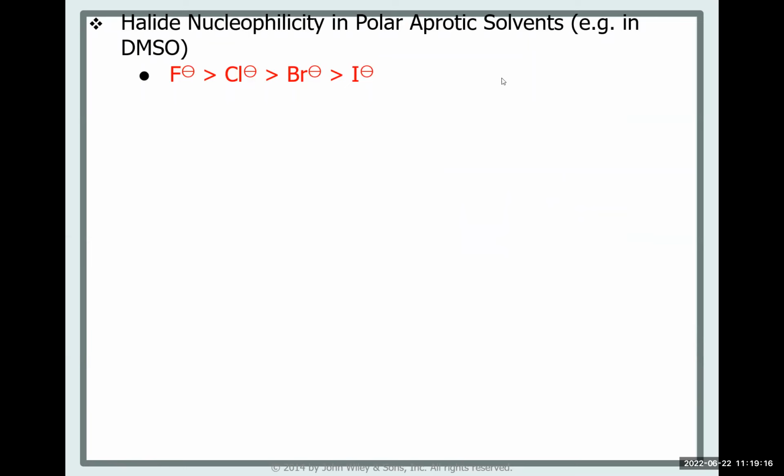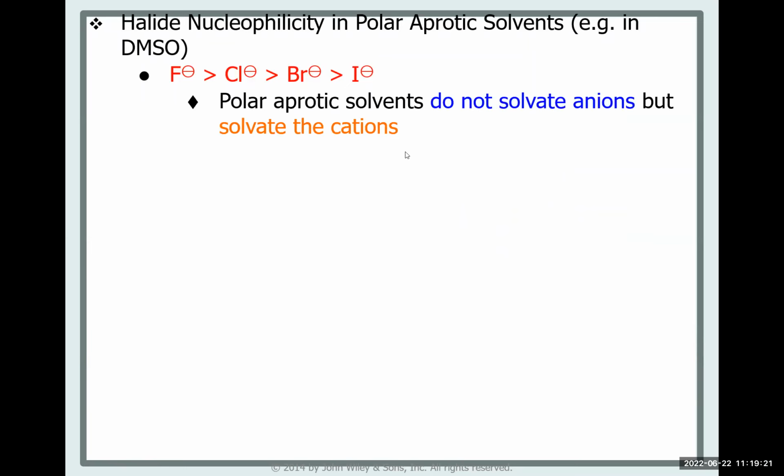Okay, so in aprotic solvents, it's the opposite where fluorine would be the strongest because it's not solvated by anions. Instead, aprotic solvents tend to favor surrounding the positive cation. So usually you wouldn't just have chlorine as your nucleophile, you'd have to dissolve NaCl, right, to get the Cl minus in there.